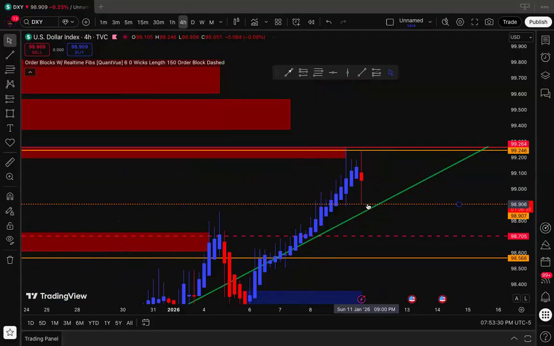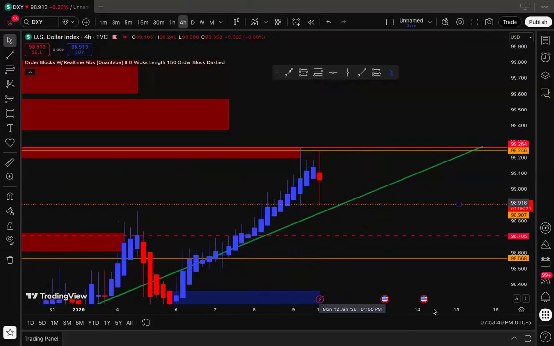If it breaks below this level of resistance, then that will confirm the buy for gold in London. Looking at where it's sitting, the next 4-hour opening in the next hour is likely going to break this level of support, and that's going to be the new resistance.